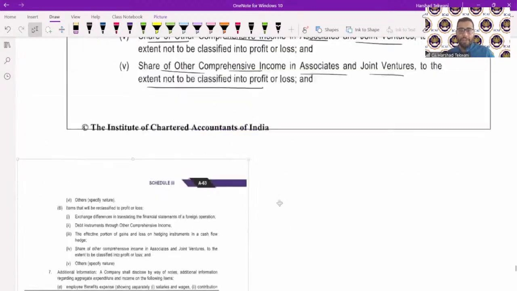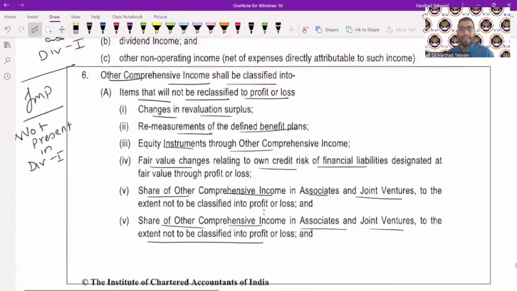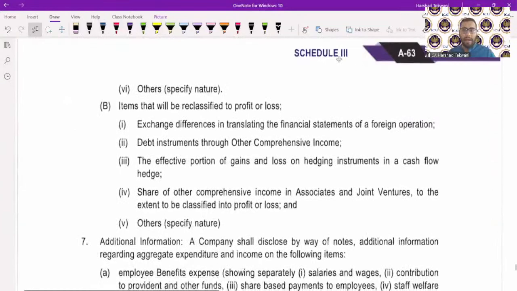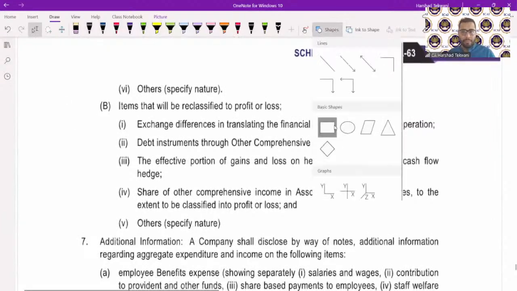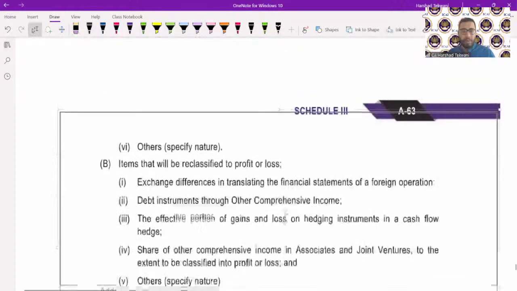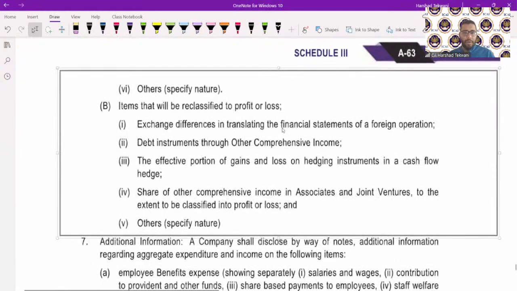I'll suggest for each of these items, you need to refer to the respective Ind AS to understand the details of the item.